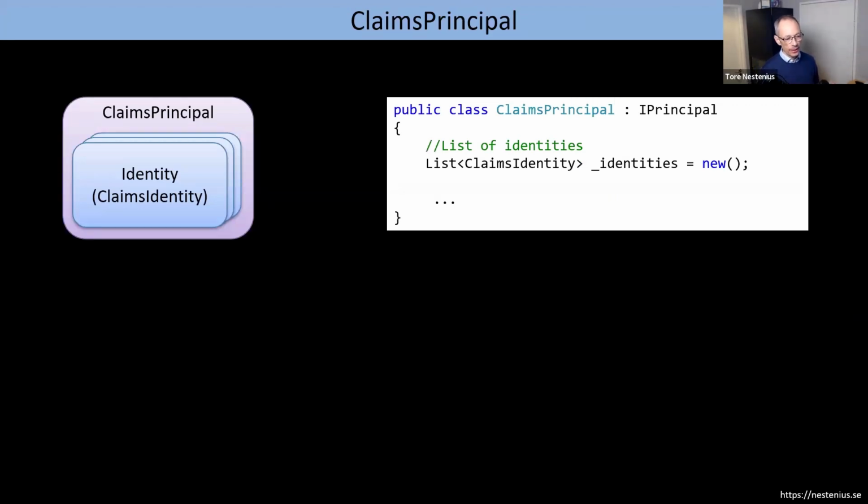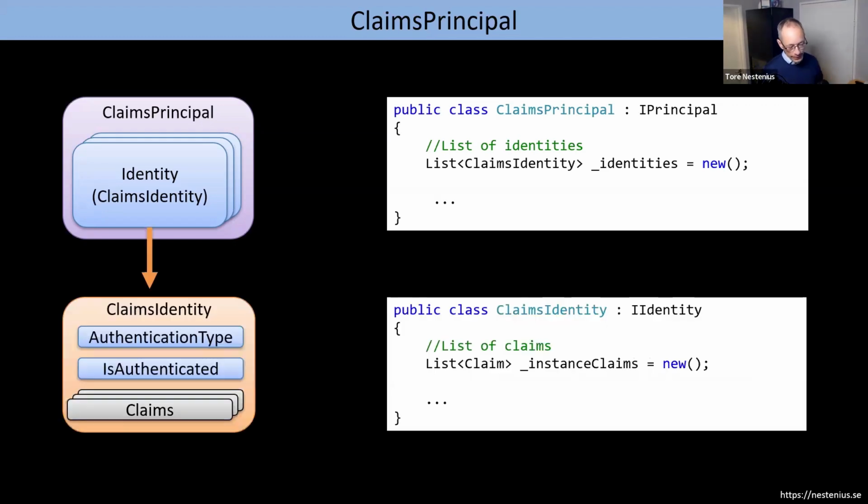Internally, a ClaimsPrincipal object, I think the name is a bit weird, but we have to stick with it, is actually a collection of identities, and in fact, something called claims identities. So a ClaimsPrincipal is just a container of a set of identities, usually one, but you could add more in some special cases. And inside the claims identity, we have a set of claims.